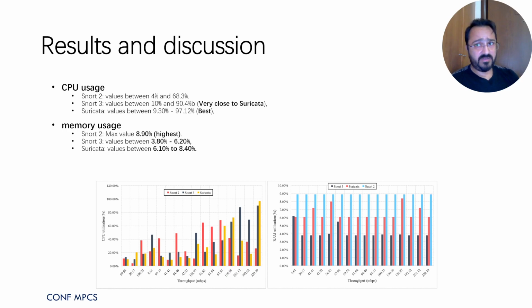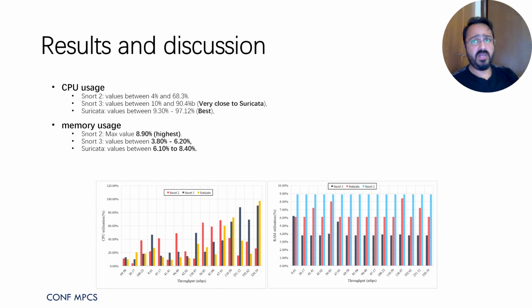Achieving higher CPU usage means that it's actually working and it's not dropping packets. The reason that the CPU does not stop at 70% is that it reached its top and it was losing packets, which you will see in the next picture. In terms of memory usage, Snort 2 was using the highest memory. So basically, Snort is putting everything in memory, all the signatures, and you go through the memory.